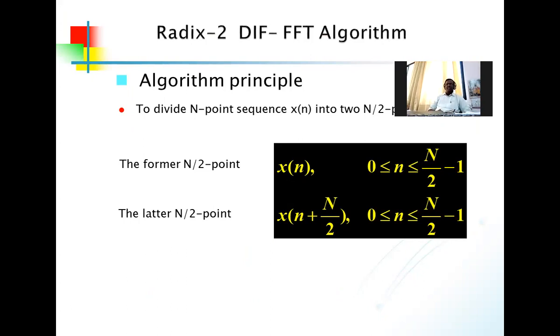If it is the case of 8 points, we get the values 0 to 3. And the second part is x of n plus N/2. Here small n is the time domain index, and capital N is the number of DFT points which we want to calculate. If it is 8 points, we get the values from 4 to 7.